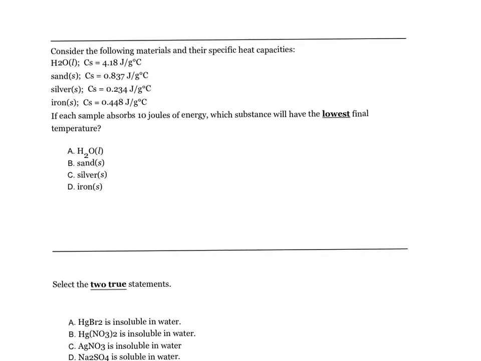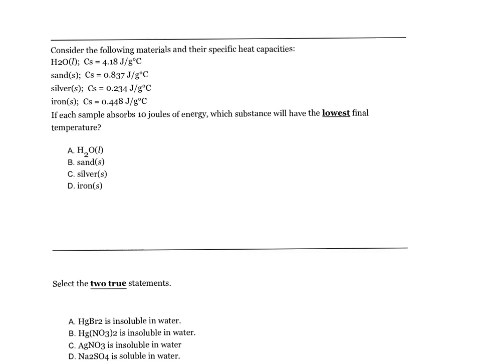Consider the following materials and their specific heat capacities. So water, sand, silver, iron. Each sample absorbs 10 joules of energy. Which substance will have the lowest final temperature? So recall, the higher the heat capacity, the more energy required to change the temperature.